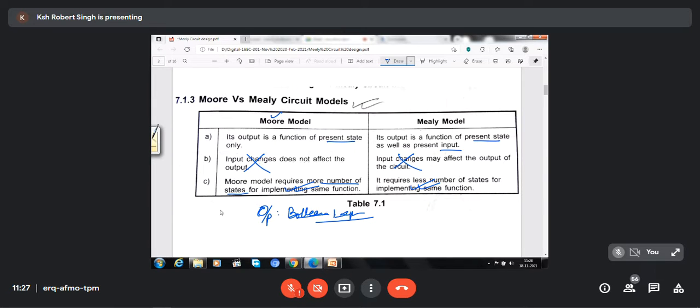You know what is a state? We have designed counters, we have designed the decade counter. It is having 10 states. So like that, the Moore model may require more number of states to implement a particular function as compared to Mealy. Mealy will have a lesser number of states to implement the same function.